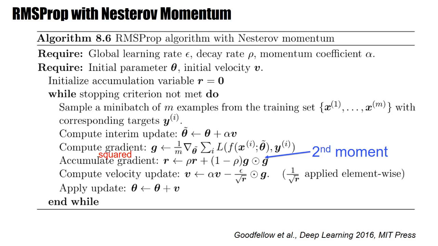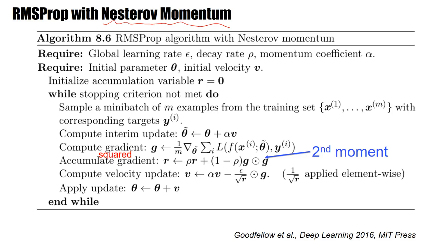So the previous version of RMSprop evaluated the gradient locally for just one mini-batch. Now we add a momentum, so we also have a smoothing over several mini-batches, and we use the Nesterov momentum.